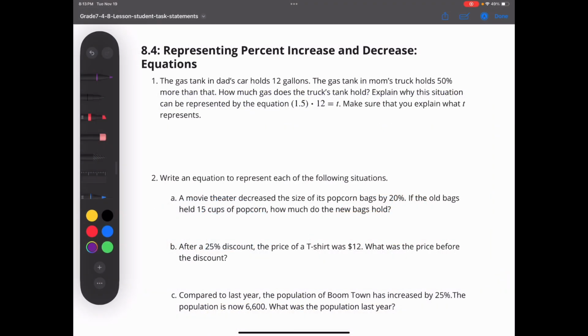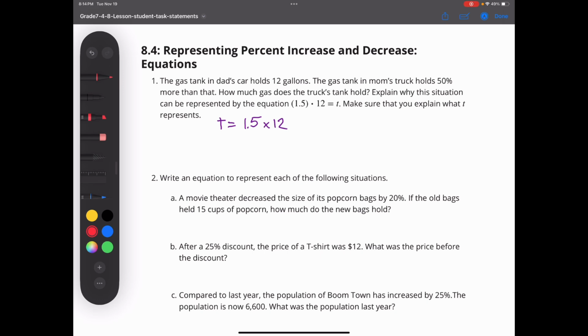I'm going to rewrite the equation with T on the left side. T equals 1.5 times 12. And now we can explain this because we learned about increasing with interest, but increasing applies to other areas with percentages as well.